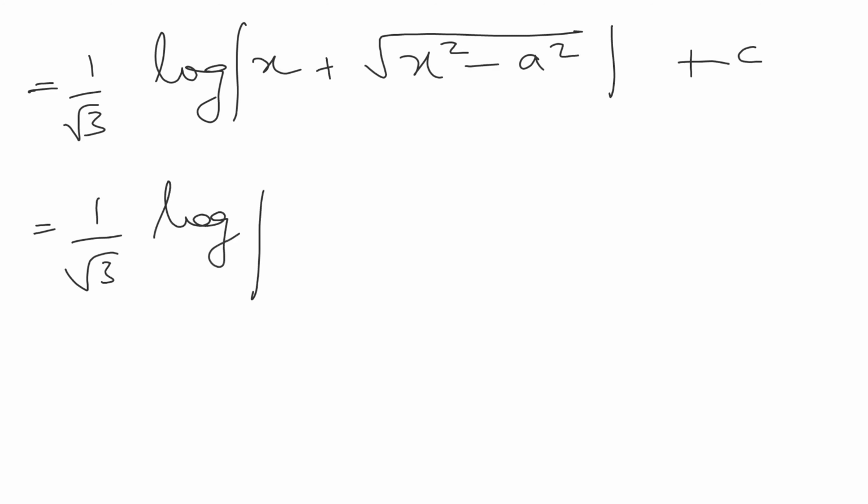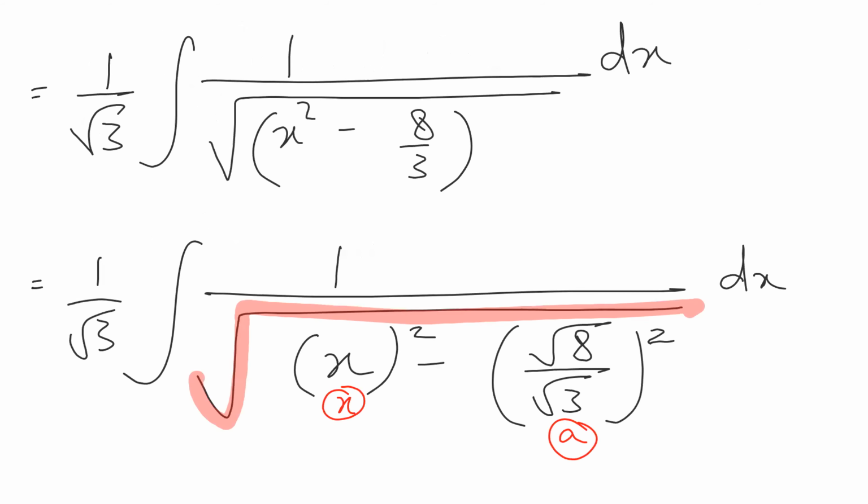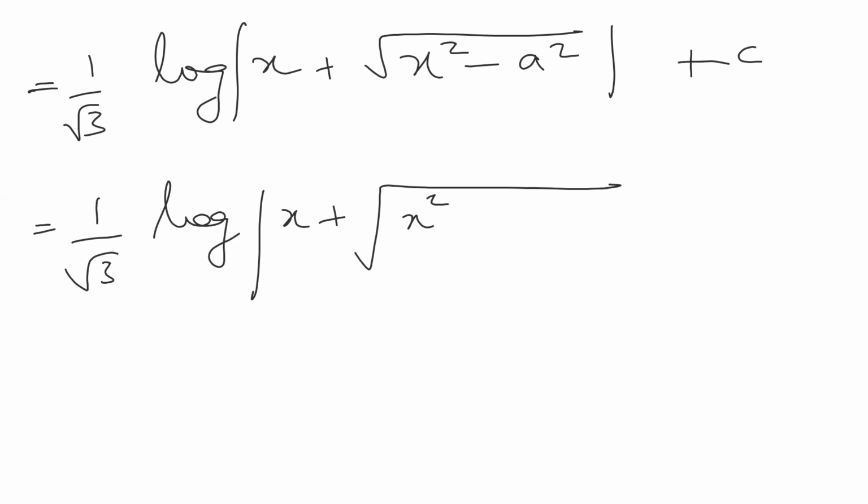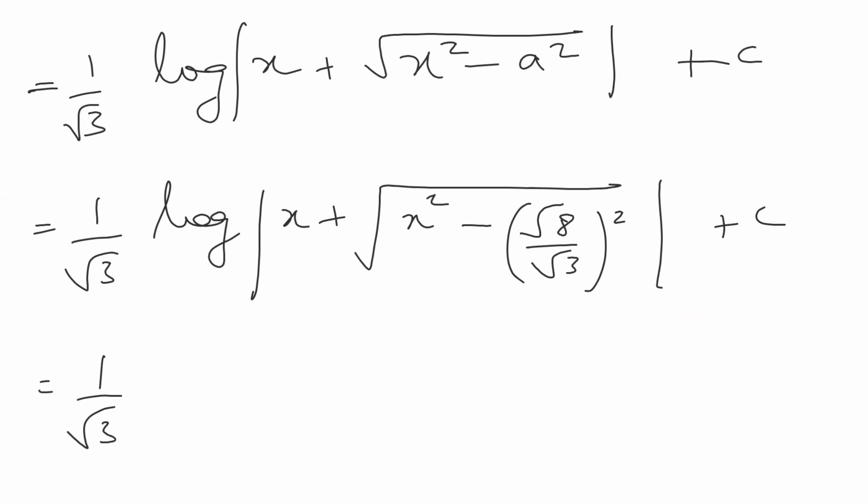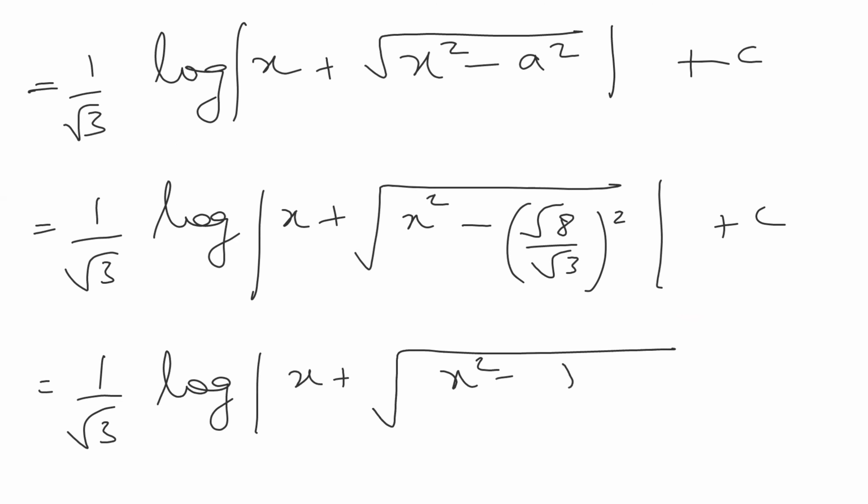1 by root 3, log modulus root of x, which will get replaced with x because in place of x, x is there. And a will get replaced with root 8 by root 3. Minus root 8 by root 3 the whole square, plus c. Some simplifications: root 8 by root 3 the whole square is 8 by 3.